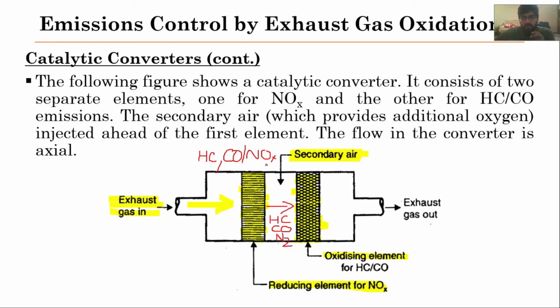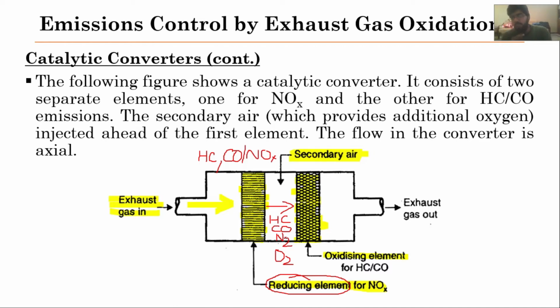And where does this oxygen go? These oxygens are being removed from these nitrogen oxide molecules, because reduction is occurring in these elements. So NOx emissions are being reduced to form nitrogen and oxygen molecules. So this is what has happened in the reducing element.